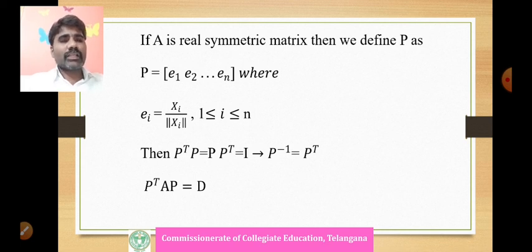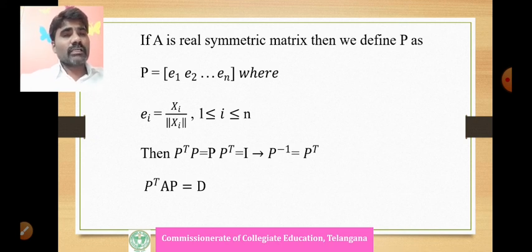That means we normalize the eigenvectors of A. Then P consists of orthonormal vectors as columns, E1, E2, up to En.